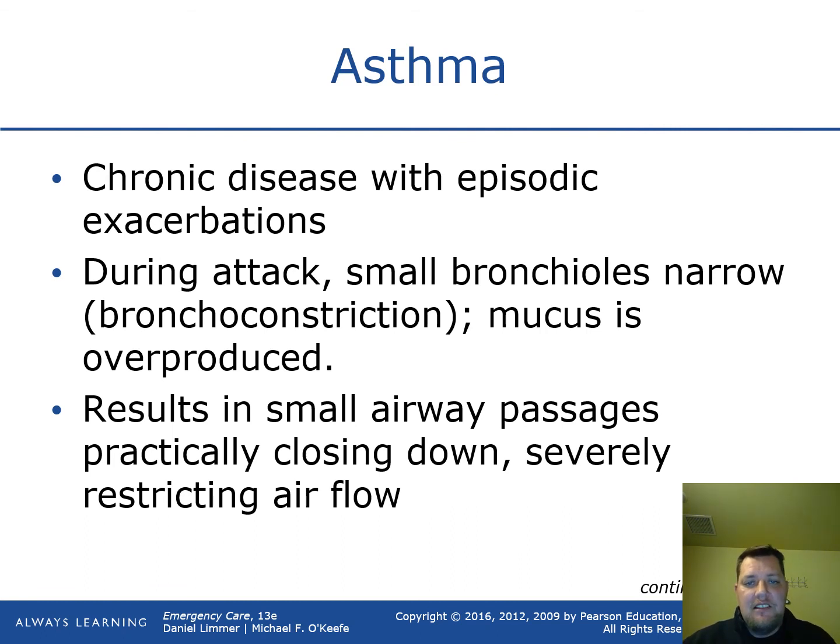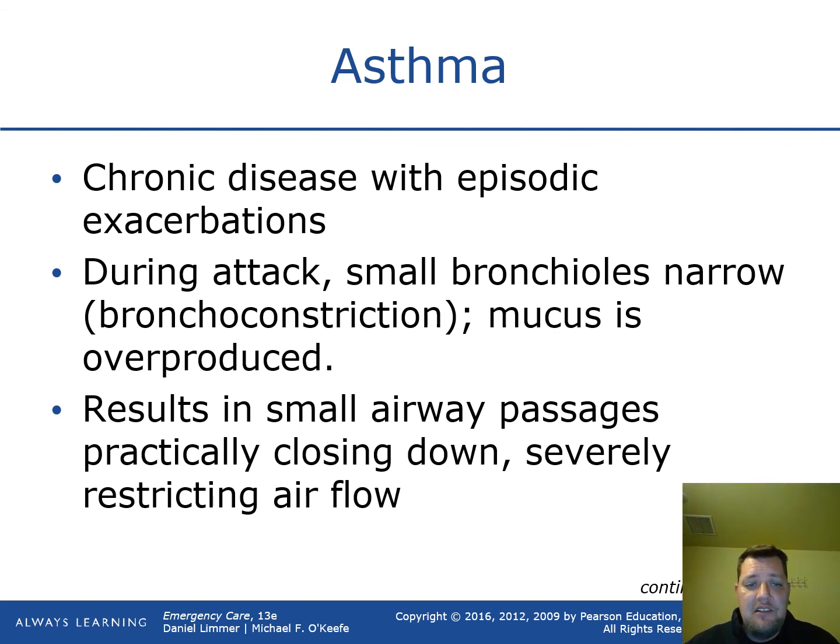But it is a chronic disease with episodic exacerbations, meaning that patients will get an episode of asthma, where the exacerbation is what we typically think of as asthma. Okay, but it's there all the time. So during an attack, the small bronchioles narrow, causing bronchoconstriction.